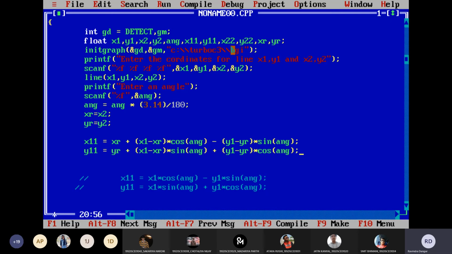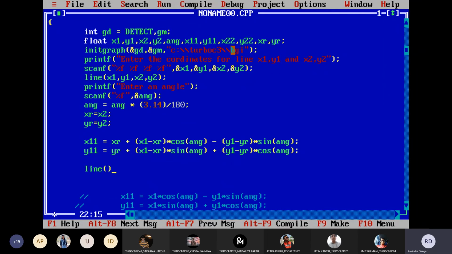Any doubts so far in these equations? No, sir. That's it. We have got the new values, and already we have the reference point, which is x2, y2. So let's try to draw the new line from the reference point to the new point. How can we do that? Line from x2, y2 to the new points, x11, y11. That's it.